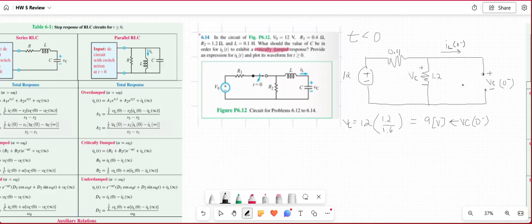Now we want to find IL. There's nowhere for this current to go, so IL just equals 0 amps.